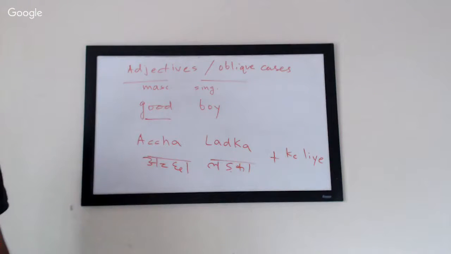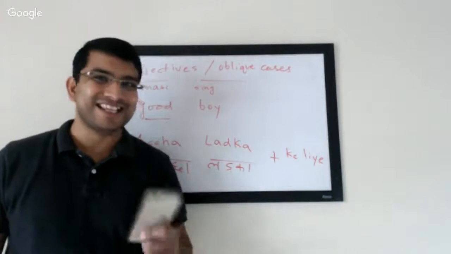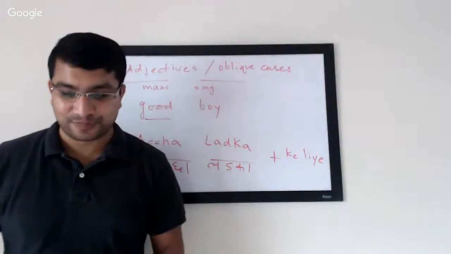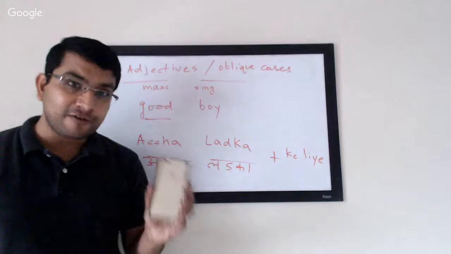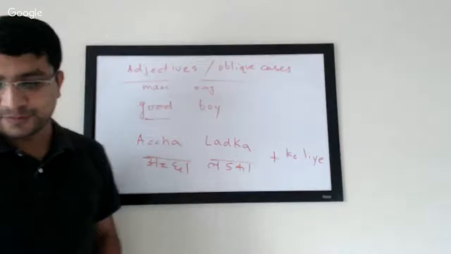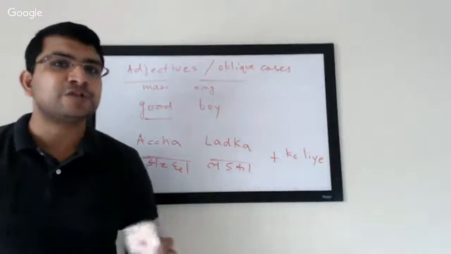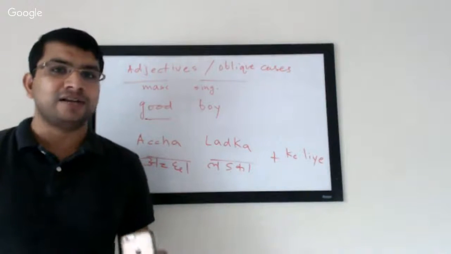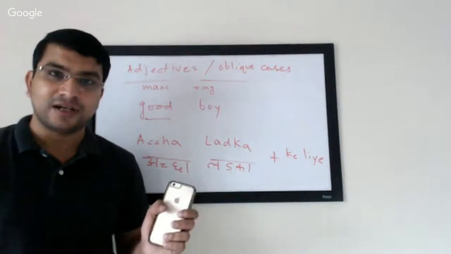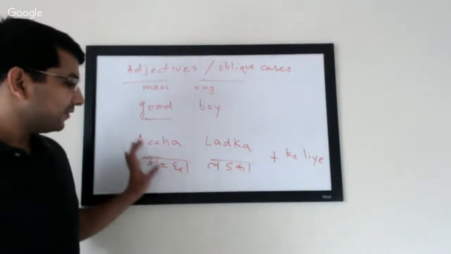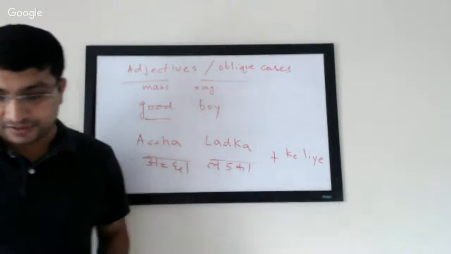My question is, this phone is for a good boy. You have to write the sentence in Hindi. The first part is simple, ये है phone, this phone, and then good boy, अच्छा लड़का, but after that there is a postposition.